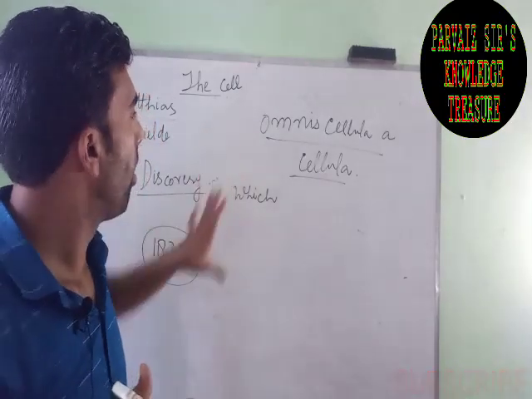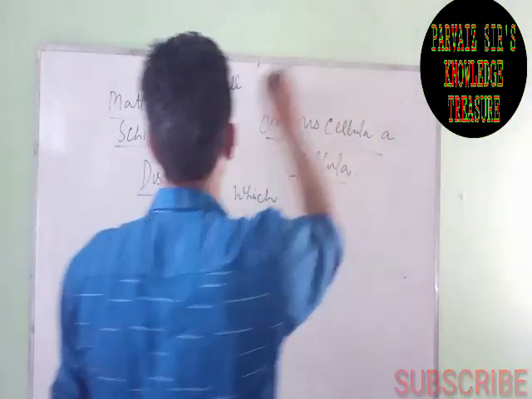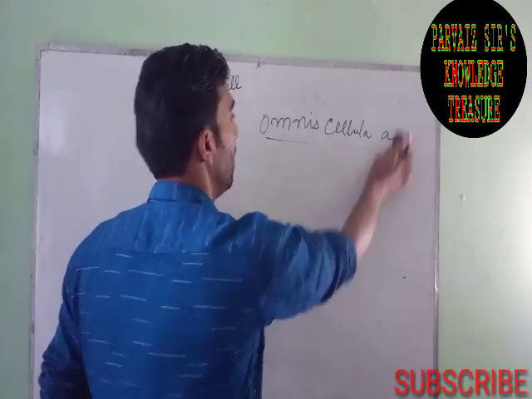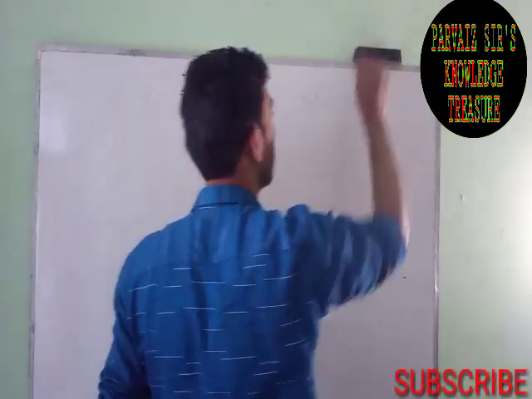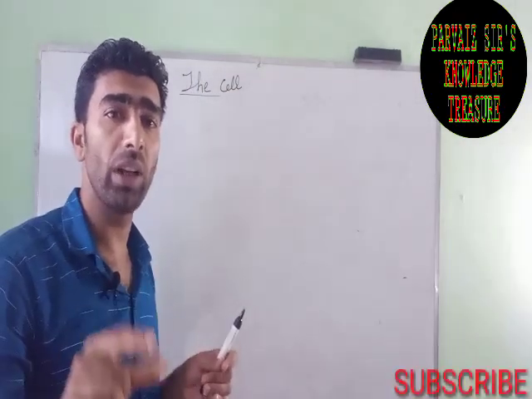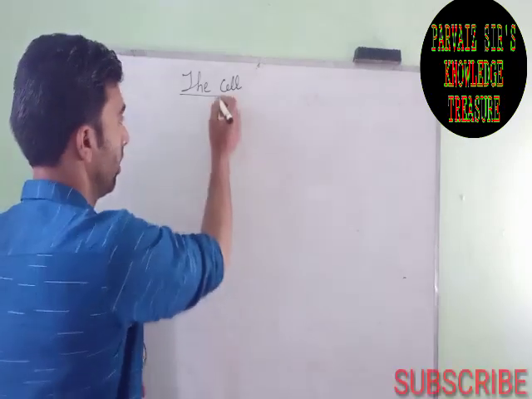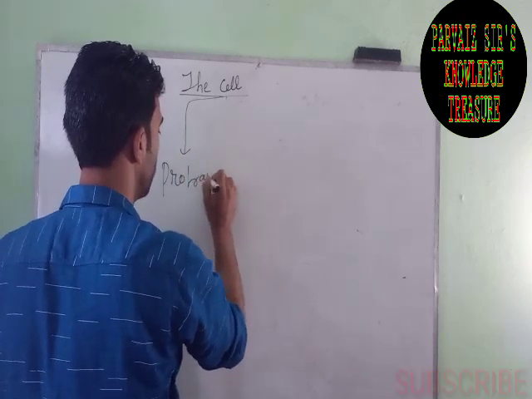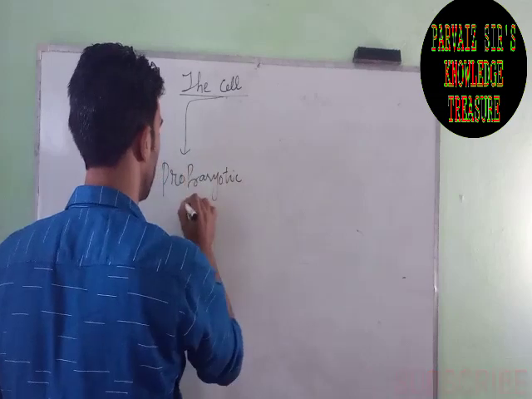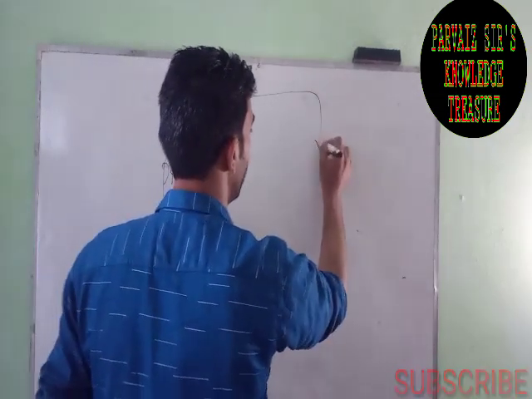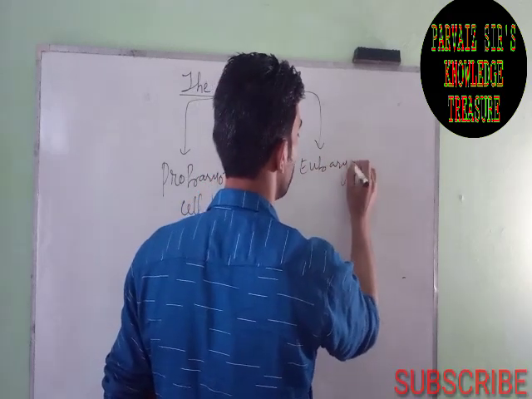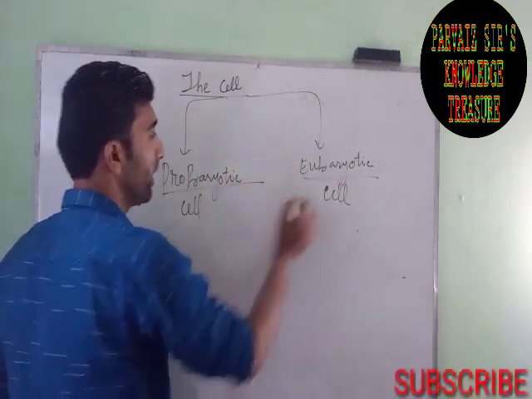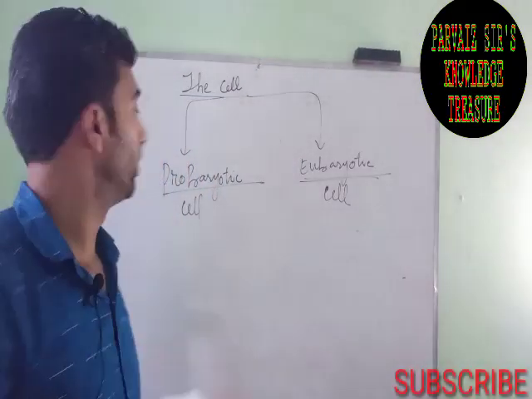When the electron microscope was discovered, based on the size and structure of the cell, cells were broadly divided into two types. First was the prokaryotic cell, and second is the eukaryotic cell. Both prokaryotic and eukaryotic are derived from two Greek words.